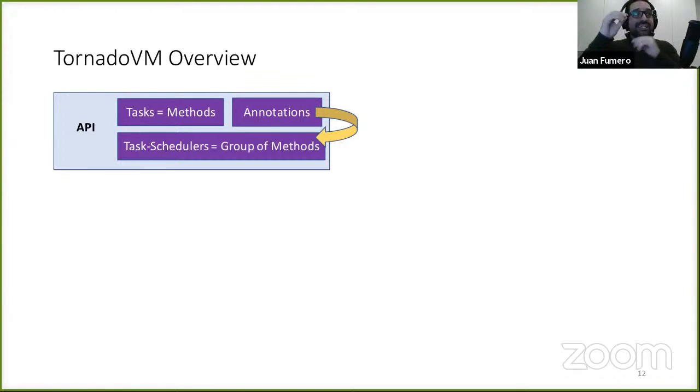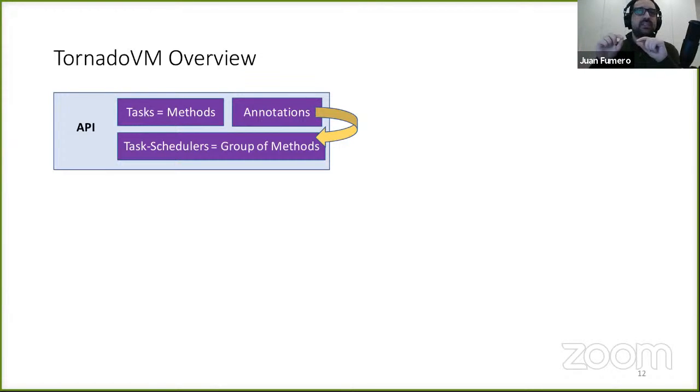You can accelerate methods in isolation, or you can accelerate a group of methods. In that case, we create what we call a task scheduler, basically a group of methods that you want to accelerate. This identifies the region of the code to accelerate, but it doesn't say anything about how to parallelize.